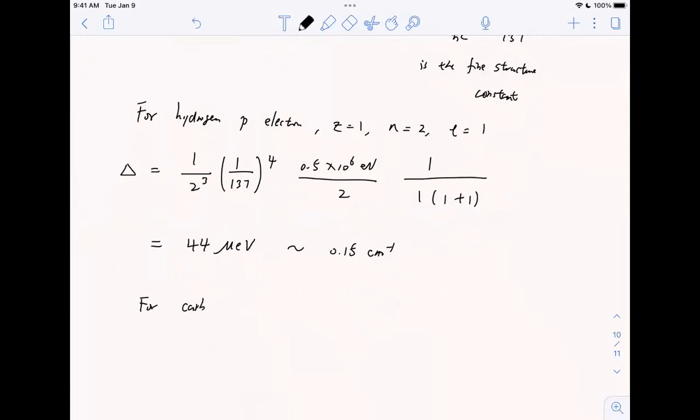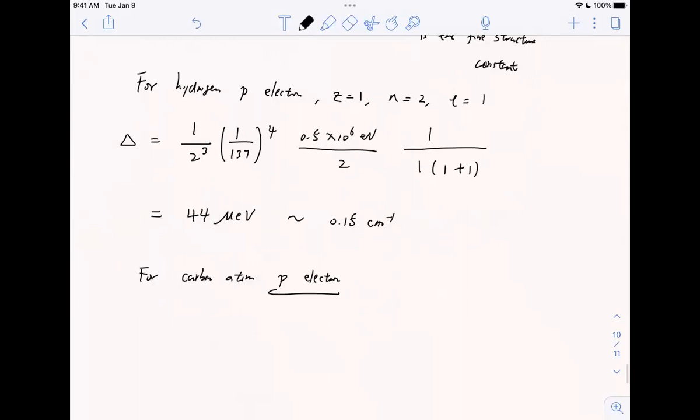For carbon atom, the p electron. Okay, so we know that in graphene is sp2 hybridization, right? So you are dealing with the p electron. So there is spin-orbit coupling because you're dealing with p electron. So here Z is 6. Z is 6 for graphene. N is 2, L is 1.